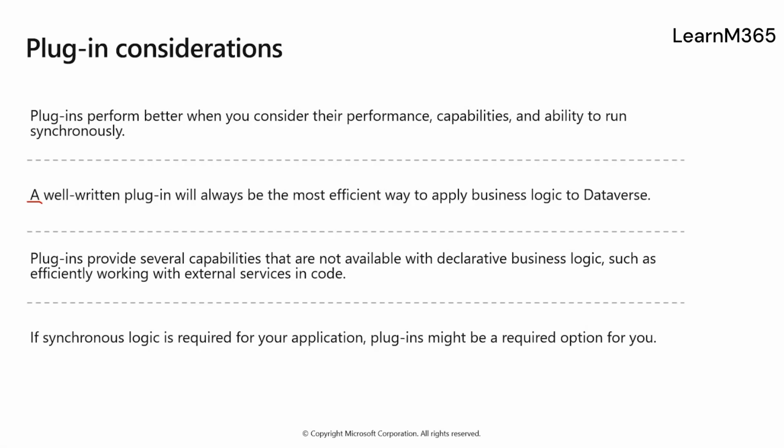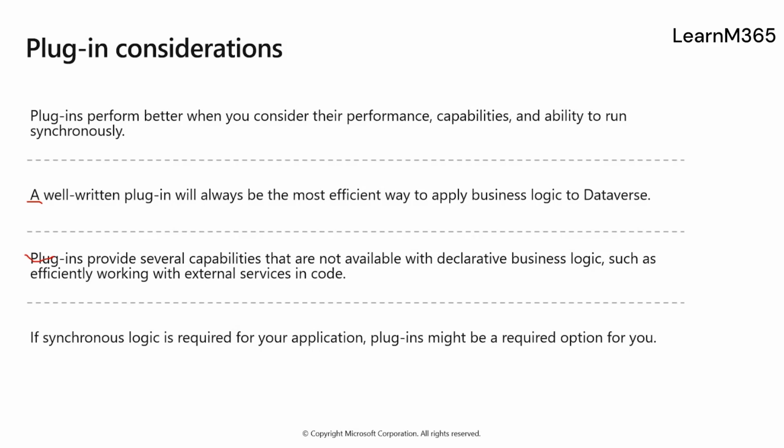If you talk about capabilities, plugins provide several capabilities that are not available with declarative business logic, such as efficient working with external services and code. Nevertheless, Power Automate is rapidly approaching parity with plugins. And last is the ability to run synchronously.